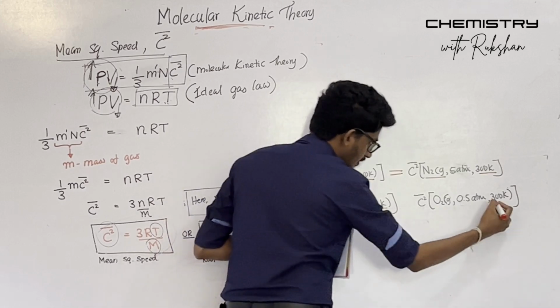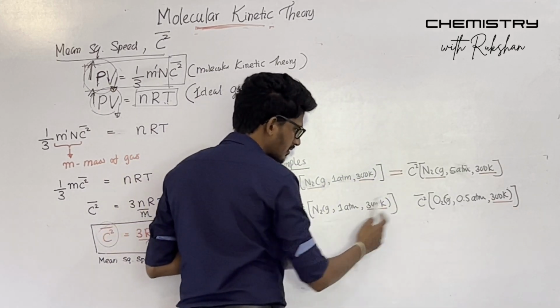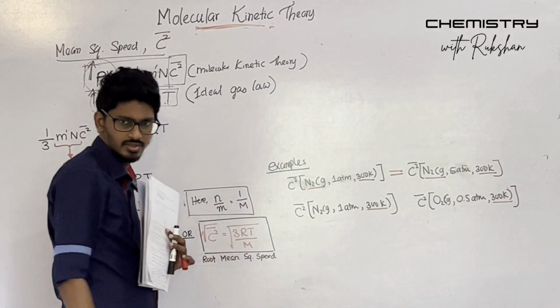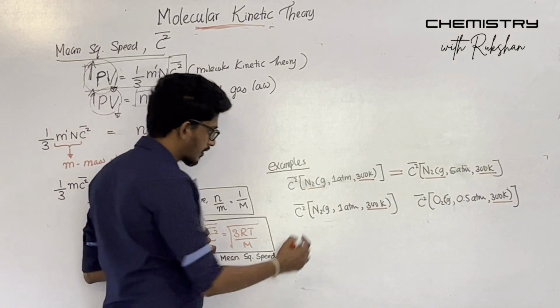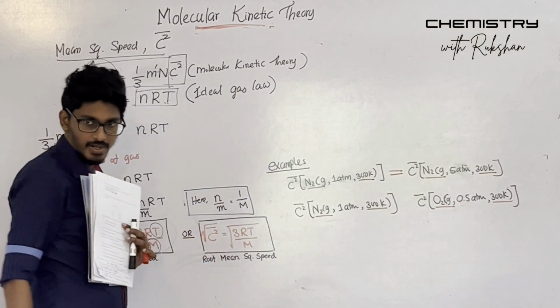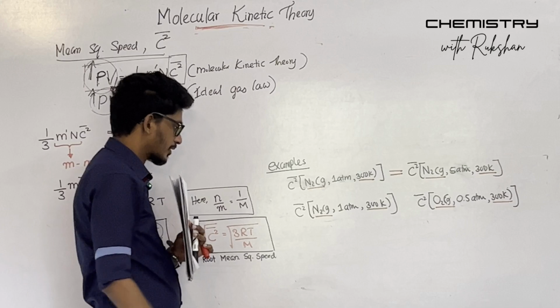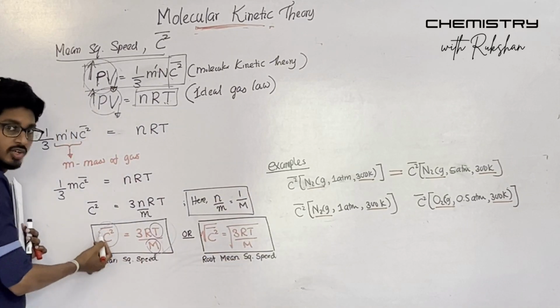Temperature is constant, no worries. No need to look at this. Pressure is doing nothing to C squared bar. And we have to consider this matter: smaller the m, greater the C squared bar.